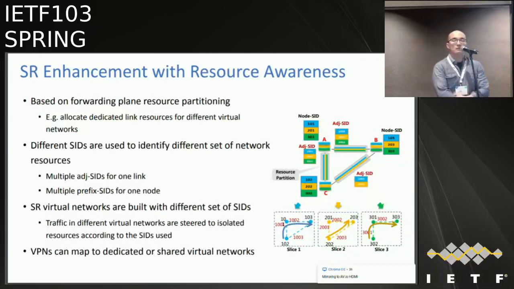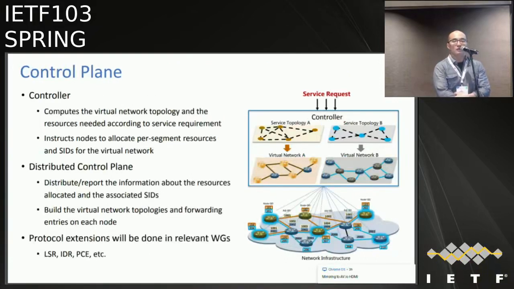This gives an overview of the control plane procedures. Basically, this relies on the hybrid mode of the control plane. We need the controller to compute the virtual network topology and the resource needed according to the service request received. Then we need the controller to instruct the nodes involved to allocate per segment resource and SID for the virtual network.